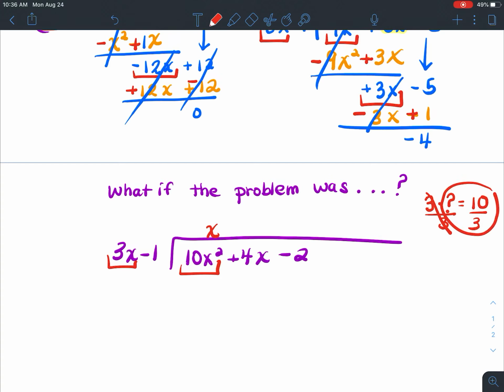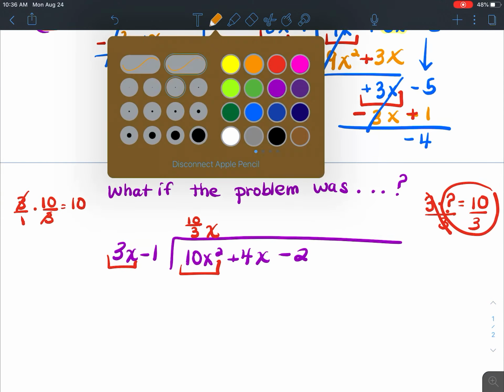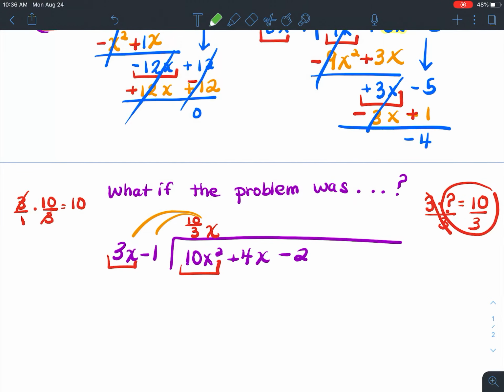I'm going to divide both sides by 3, and I've got my answer, that 3 times 10/3 is what would make it 10. And think about that. If I took the number 3 and I multiplied it by a 10/3, these 3's cancel and I get a 10. So that means up here I'd be putting 10/3 x as my first term. Okay, and then I would go through and I would multiply 10/3 x times 3x.